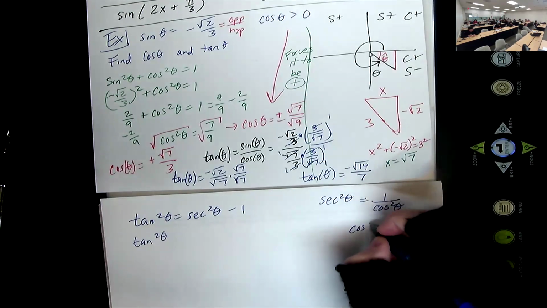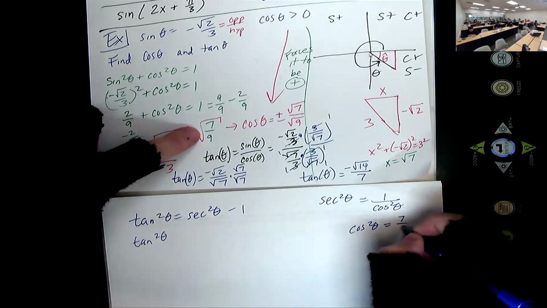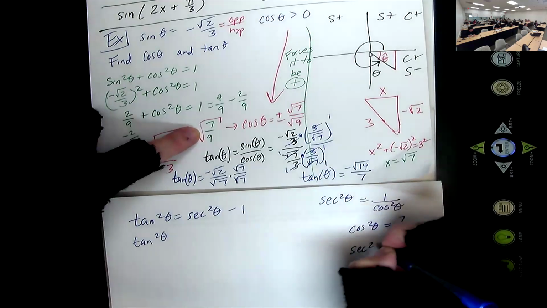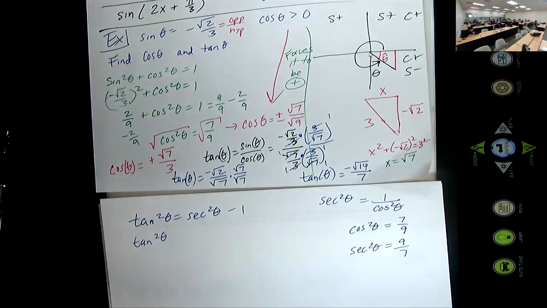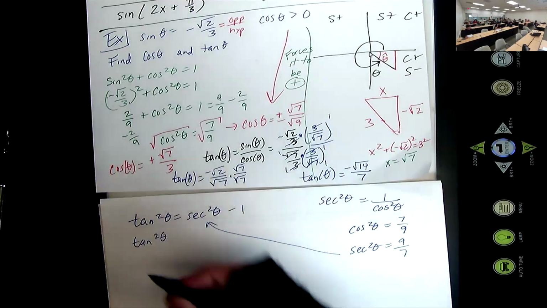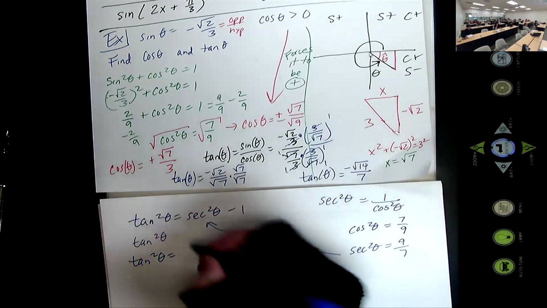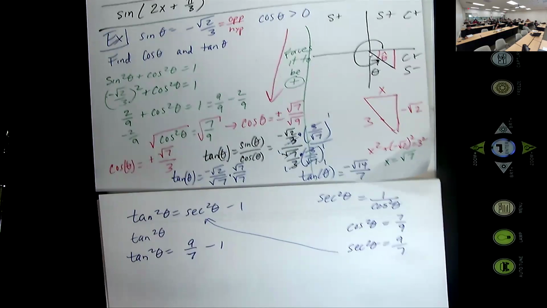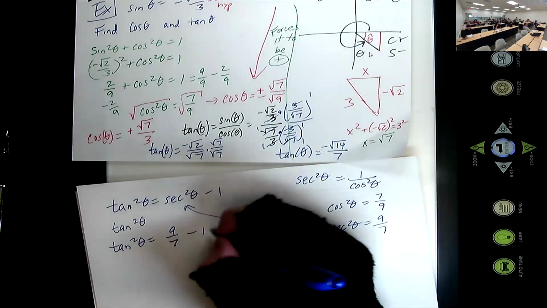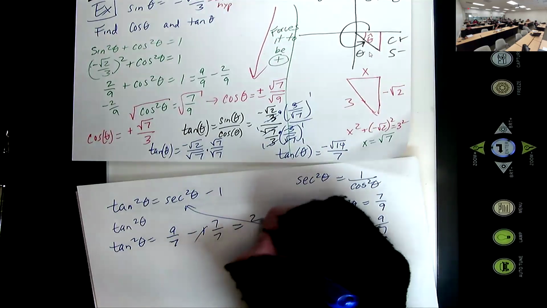Cosine squared theta we had as 7 over 9, so secant squared theta is 9 over 7. I put that in here and got tangent squared theta equals 9 over 7 minus 1. That's the same thing as 7 over 7. Do that subtraction, you get 2 over 7.